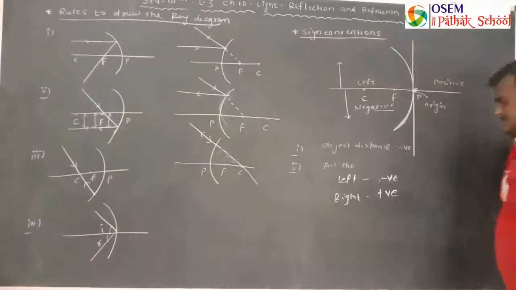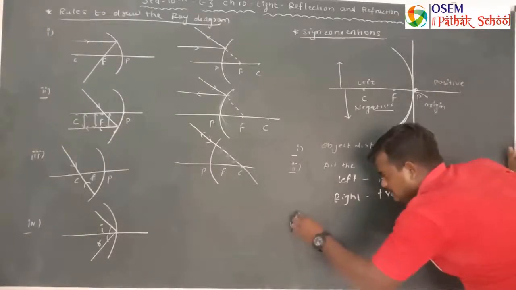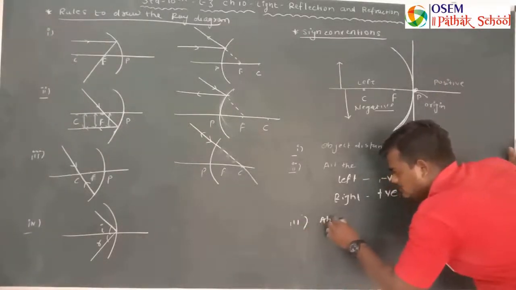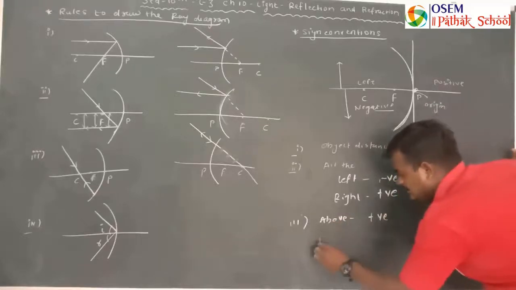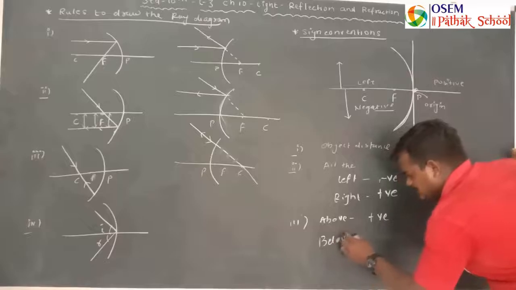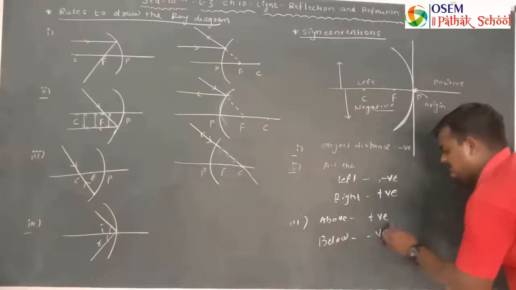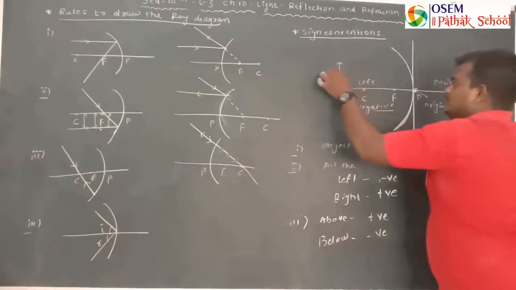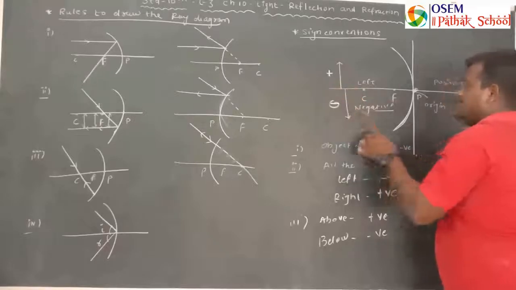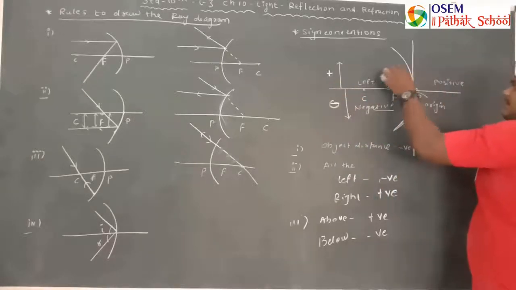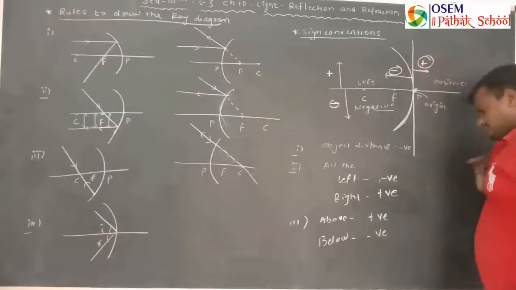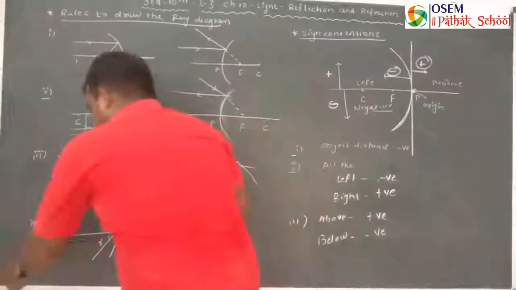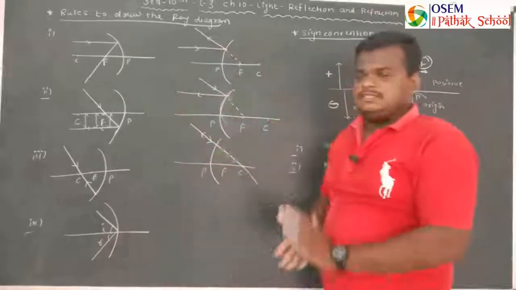And the third rule: all the dimensions above the principal axis are taken as positive, and below the principal axis taken as negative. ऊपर पॉजिटिव, नीचे नेगेटिव, left hand side negative and right hand side positive. So just try to fit this in your mind. So this is over to you.